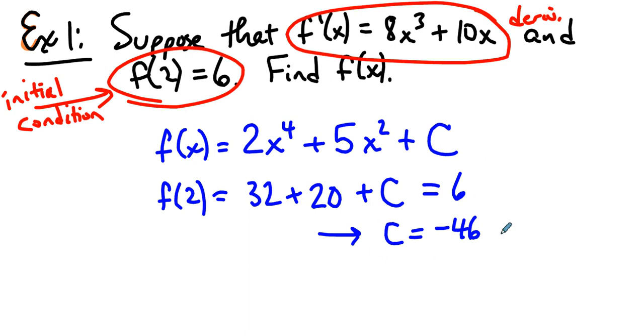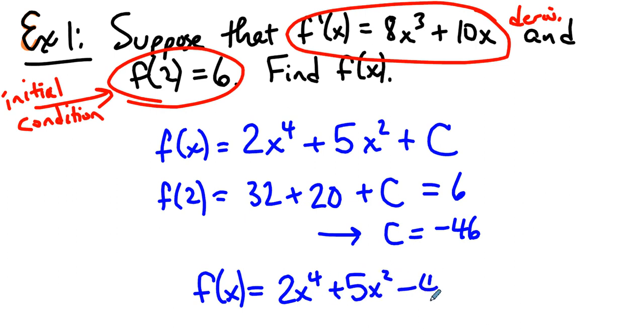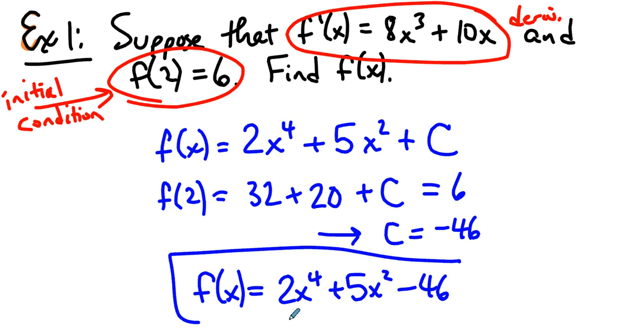So now we know what the specific constant is that makes the function go through this point. So we know exactly what f of x is: 2x to the fourth plus 5x squared minus 46. There's only one function in the whole wide world that has this derivative and passes through that point.